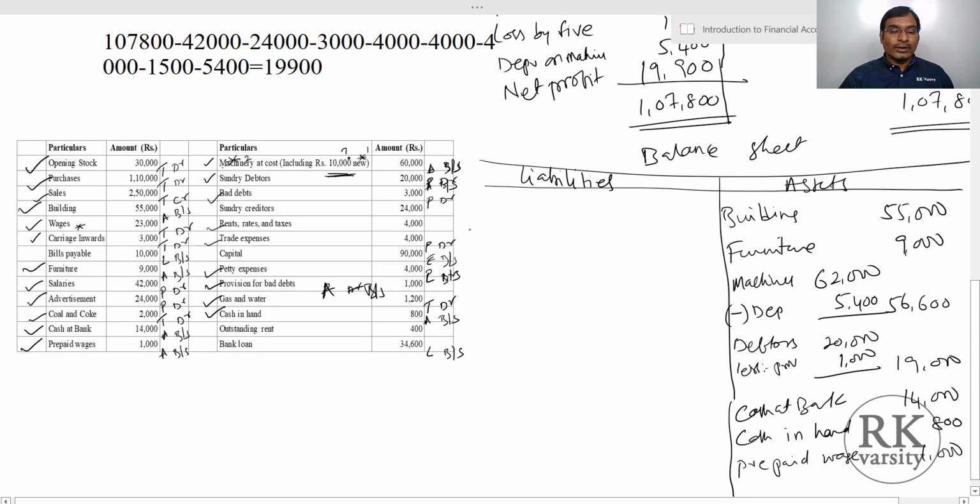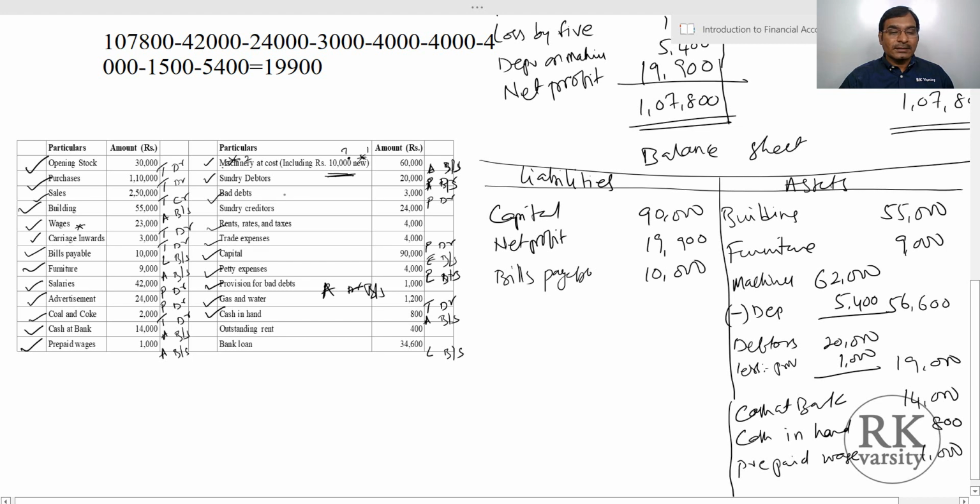Now we look at the liability side. So capital 90,000. Then you have net profit, because you have to add this together and enter here. I am writing separately. Net profit is 19,900. So your capital is done. Then you have bills payable, 10,000.